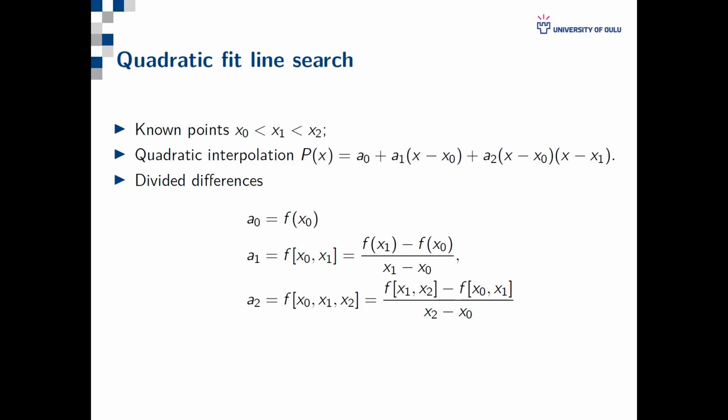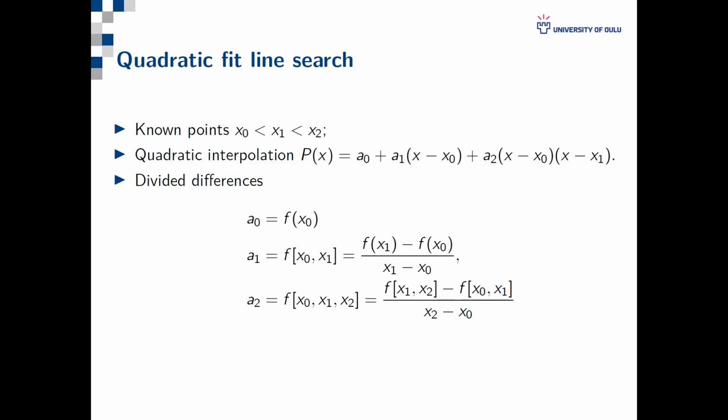So you take a quadratic interpolation of the function f, so that at the point x0, the polynomial p gets the value f at x0. At x1, it gets the value f at x1, and at x2, it gets the value of f at x2.